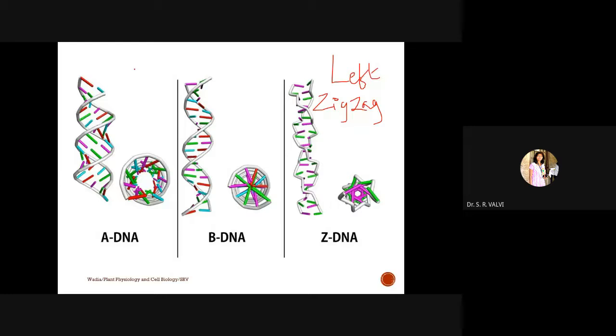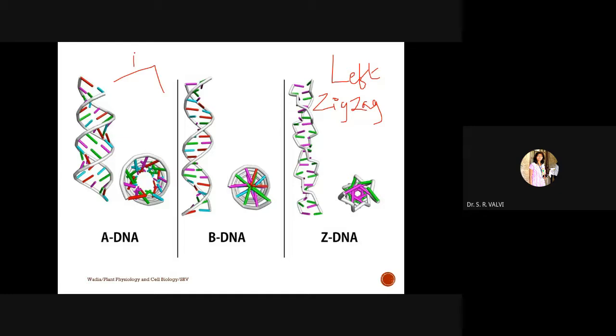Both of these are right handed DNA. Please remember, A form and B form are right handed, helical in structure, whereas Z DNA is zigzag. You can observe here this zigzag pattern. So in a Z manner they are present, and this type is called Z type of DNA.